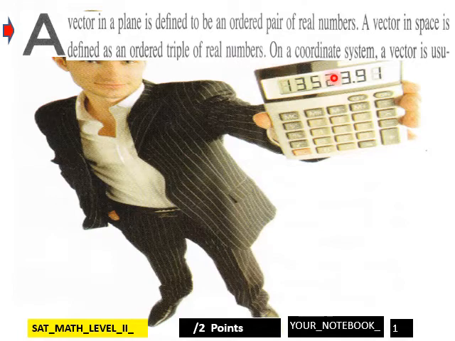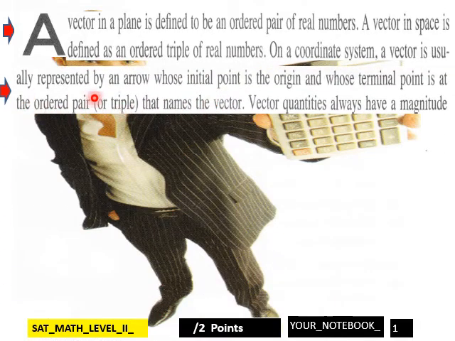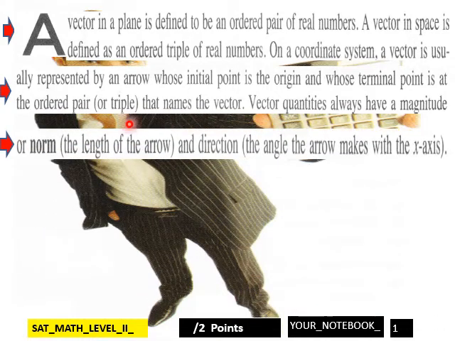On a coordinate system, a vector is usually represented by an arrow whose initial point is the origin and whose terminal point is at the ordered pair or triple that names the vector. Vector quantities always have a magnitude or norm, meaning the length of the arrow, and direction, the angle the arrow makes with the x-axis. So we have a norm and we have direction.